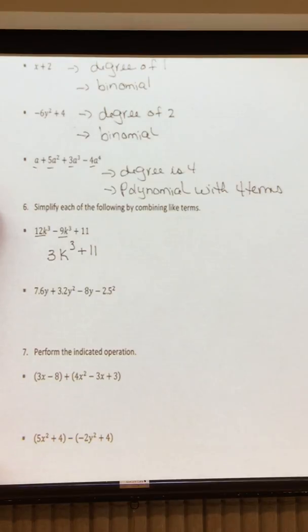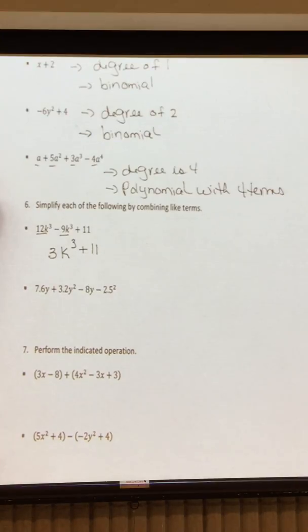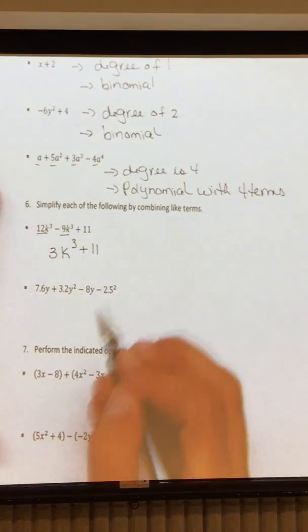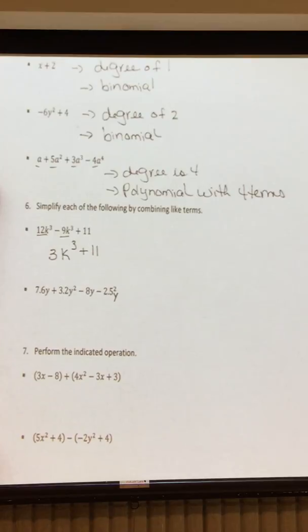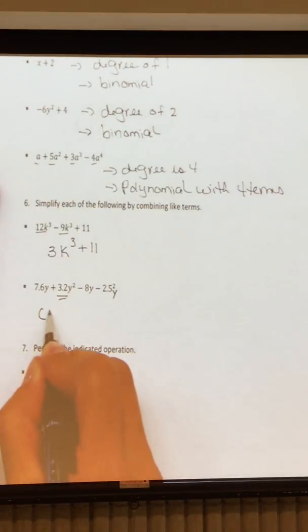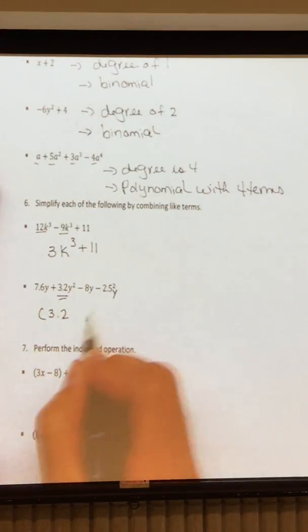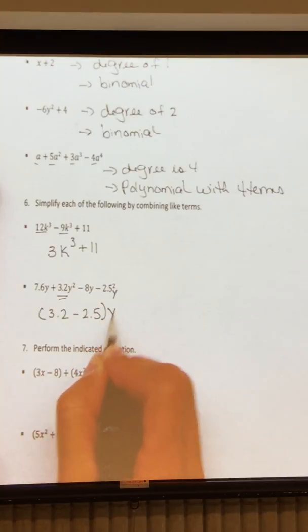The next problem, you have the 2.5 y squared. Here there's a y, it's supposed to be there, 2.5y squared. So let's combine the y squareds. We have 3.2 minus 2.5, again this is a y squared.